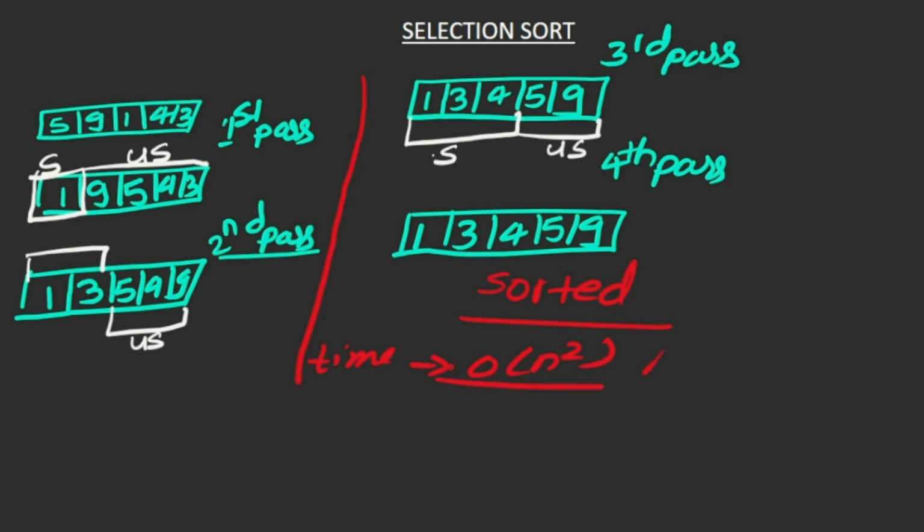So in best, average and worst, in all cases selection sort gives you big O of n squared. And for space complexity, since we are not using any extra space, it will be constant only.